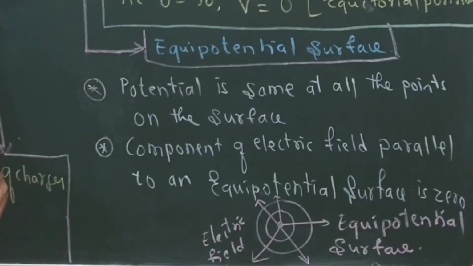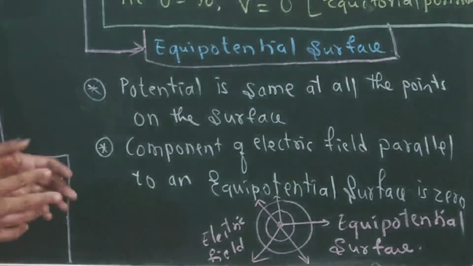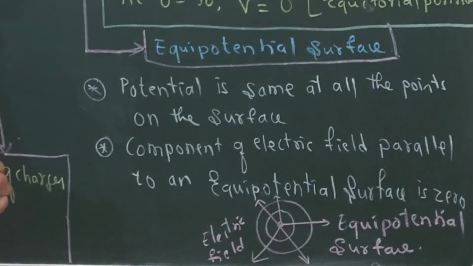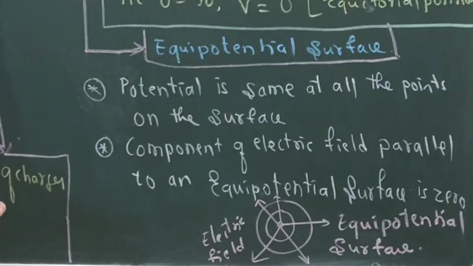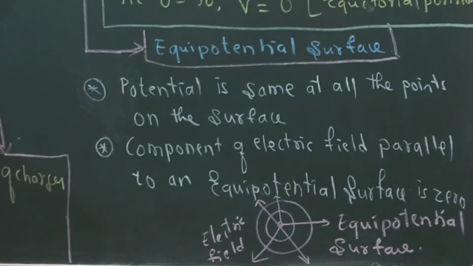Next, the equipotential surface. What do you know about the equipotential surface? It means the potential is the same at all points on the surface. The component of electric field parallel to an equipotential surface is 0.